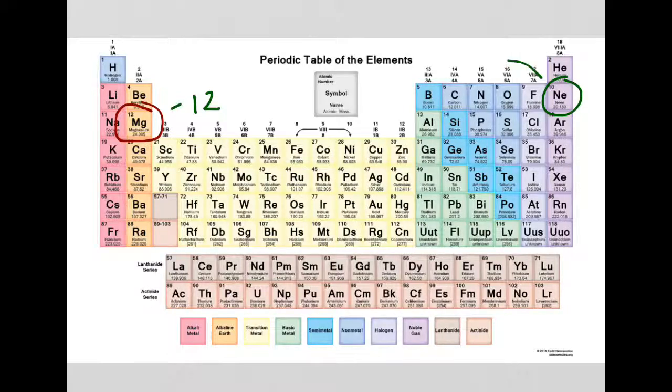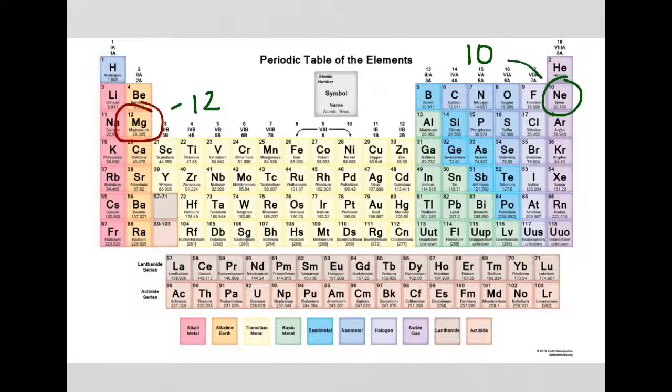Associated with neon, we have 10. And if 10 are at the core, then we have an additional 2 as the valence electrons. So there are 2 valence electrons associated with magnesium.